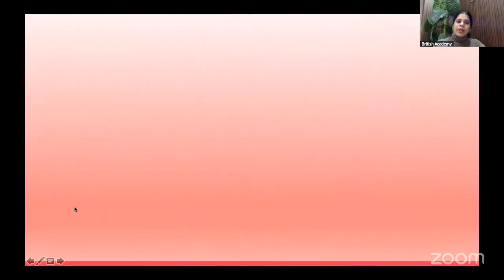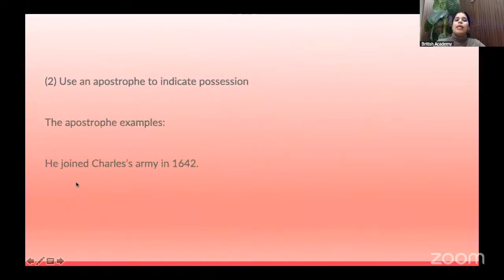Now, the second use is the possessive form. For example, he joined Charles's army, or the patient's relative. So you're showing the possessive form, that patient's relative. Sally's hair was blonde and curly. Emily's condition improved. I have put the s over here to show the possessive form, that her condition, or Emily's lab reports, her lab reports.